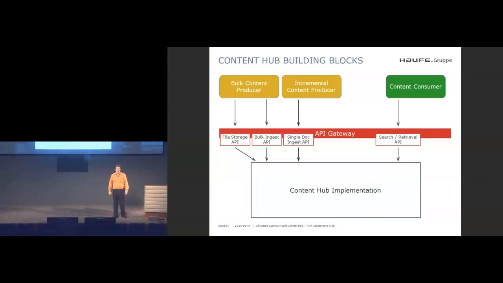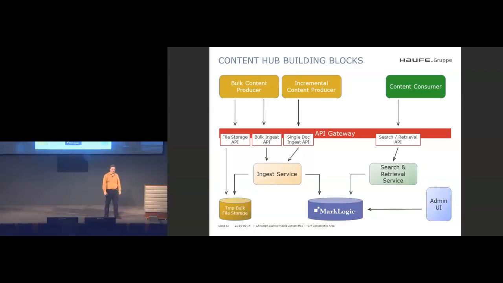In addition to that, we have the incremental content producers that produce one document at a time. And whenever an editor clicks on publish, this content producer will push this particular document into the content hub. So there it's a single document ingest. Given that, let's just take a short peek into how the implementation will look like at the building block level. We will have two services, one for the ingest, one for the search retrieval.